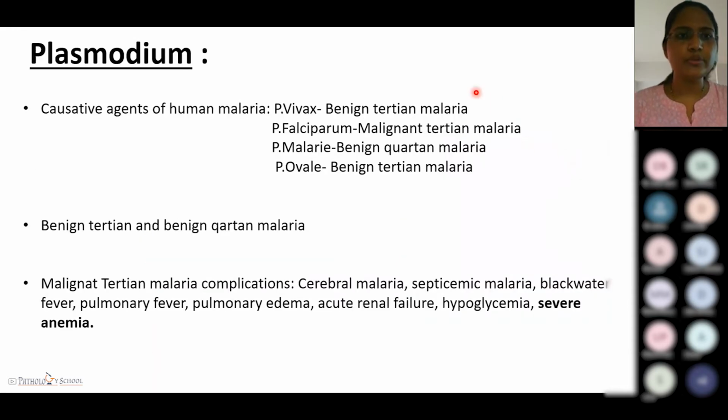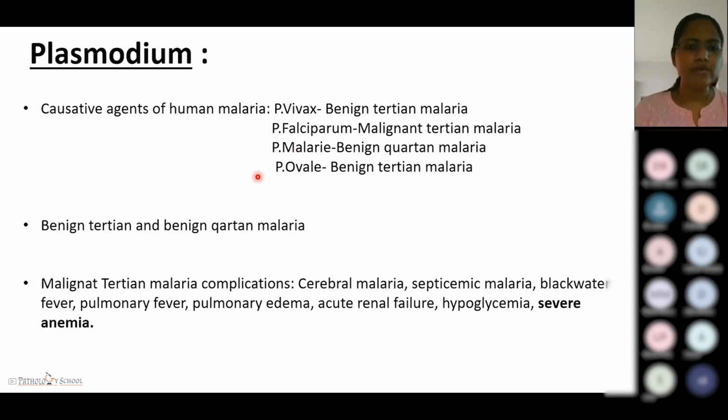Next is Plasmodium species. Plasmodium causes the disease malaria, and there are four causative species: Plasmodium vivax and Plasmodium ovale cause benign tertian malaria, Plasmodium falciparum causes malignant tertian malaria, while Plasmodium malariae causes benign quartan malaria.